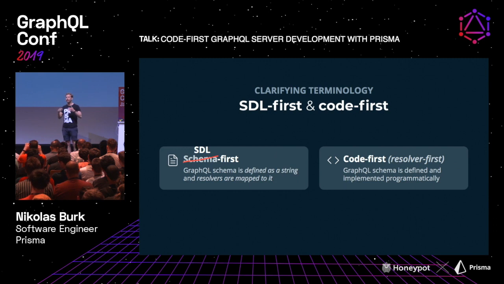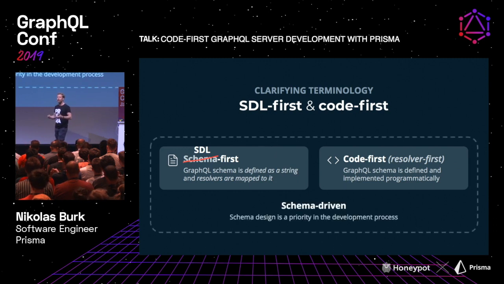We see schema first, or actually schema driven, rather as a broader concept, part of your development process that relates to the question of whether you're making schema design a priority in your development process. Like, do people on your teams actually sit down together and think about what kind of API operations they should expose, and what priority does the schema design process have in your development process?